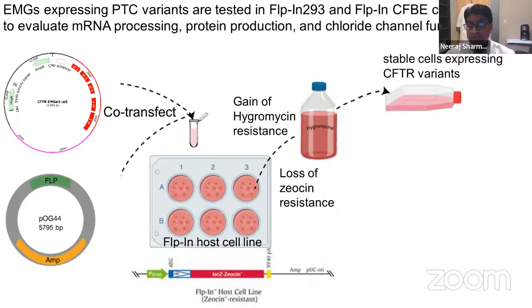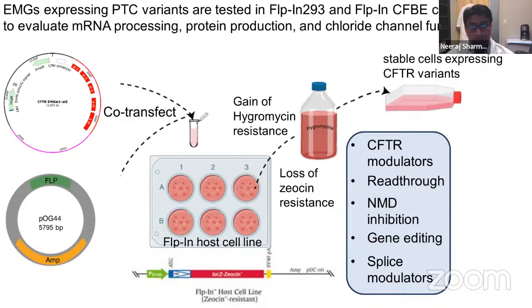And that results in the stable cells that are expressing CFTR variants. And then you can test CFTR modulators, read-through drugs, NMD inhibitors. You can try gene editing approaches and also splice modulators.